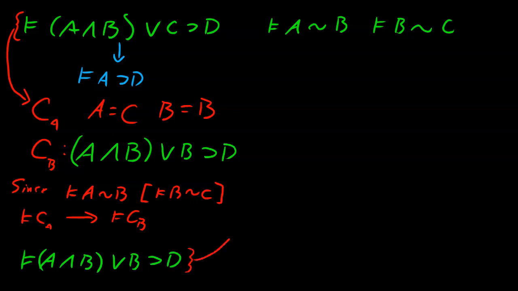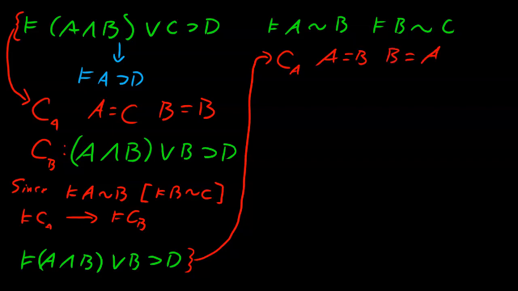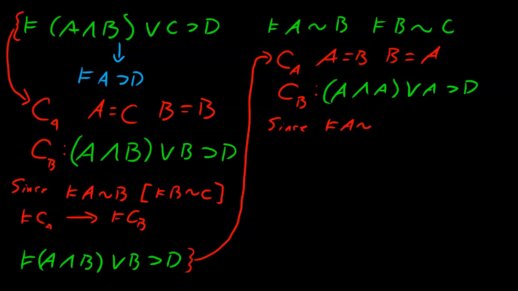Once again, let this be CA, let A be B, and let B be A. Nothing error-prone about that. Then, CB is A and A or A implies D. Since A is equivalent to B is valid, which in this case actually is A is equivalent to B, and since we know that CA is valid, we know by the replacement theorem corollary that CB is also valid.